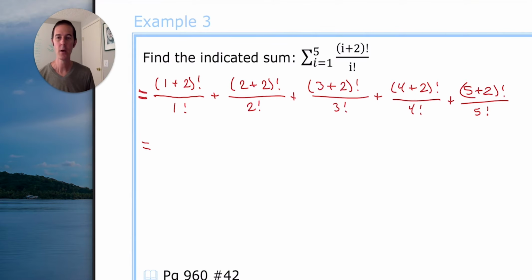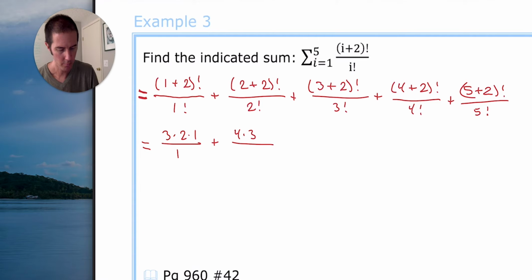added together. So in the first numerator, I need 3 factorial. That's 3 times 2 times 1 over 1, plus 4 times 3 times 2 times 1.